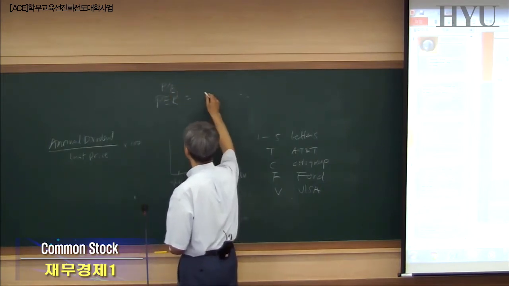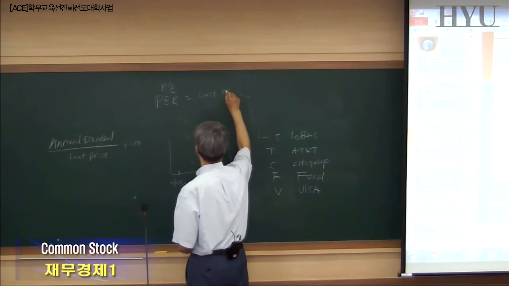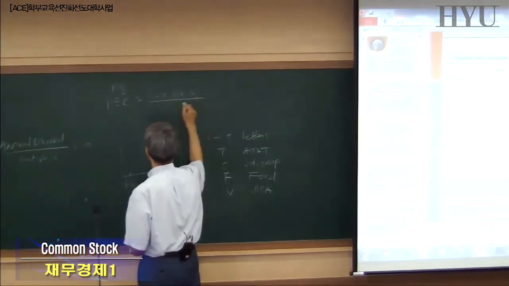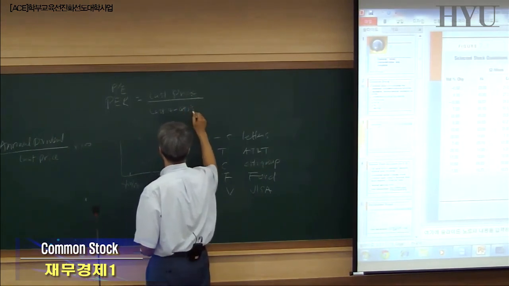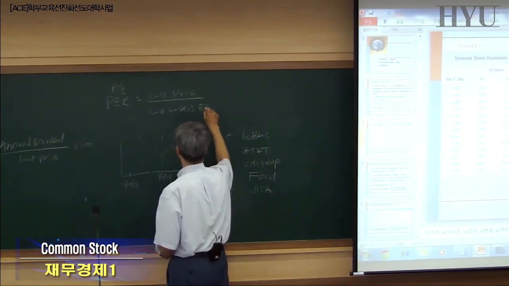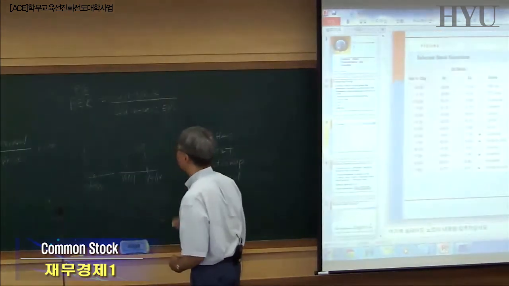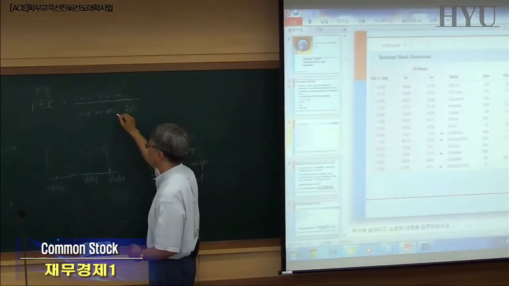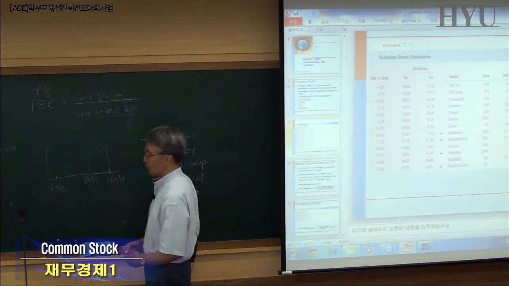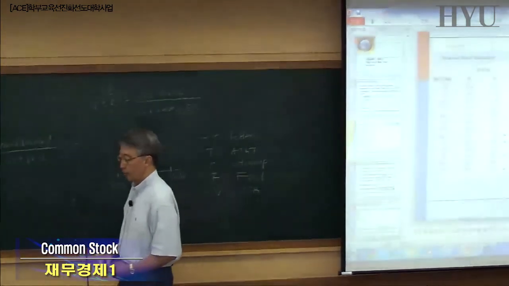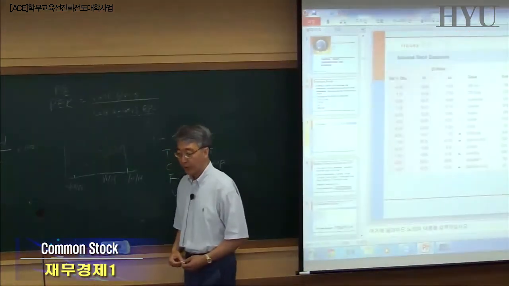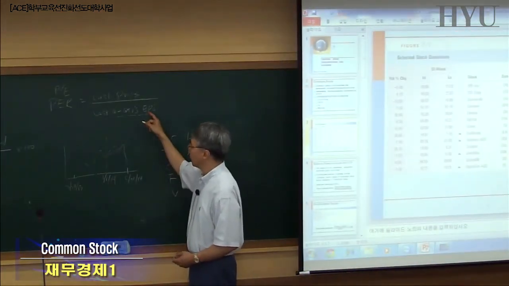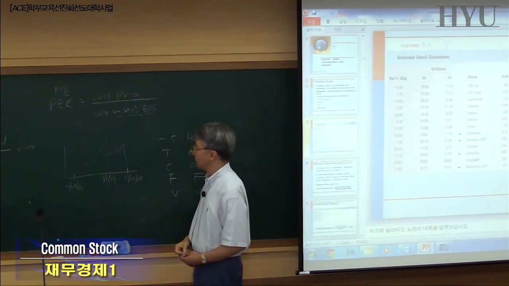It is last price divided by last 4 quarters EPS, earnings per share. Last 4 quarters earnings per share. So that's annualized. So total earnings per share, and use the last price. And the unit is times.